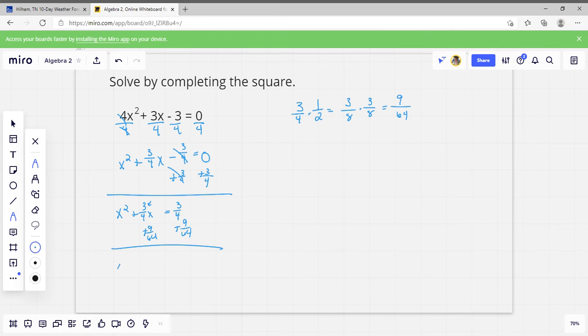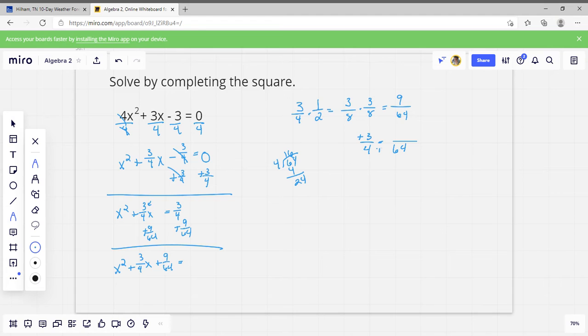All right, so we get x squared plus 3/4 x plus 9 over 64 equals, now we've got to add our 3/4 to our 9 over 64. And if we want to make that into 64, it's 16.